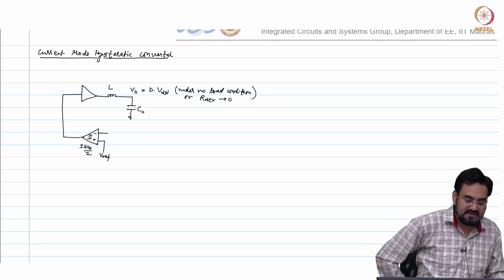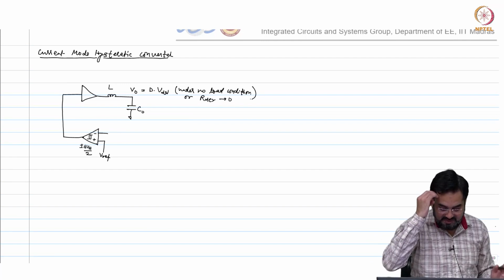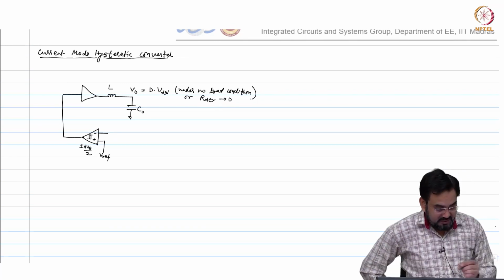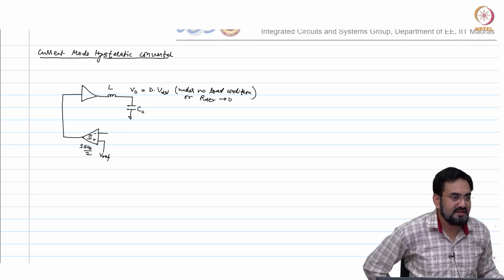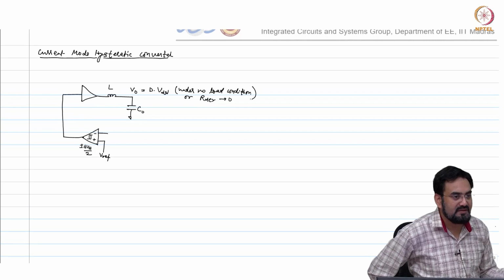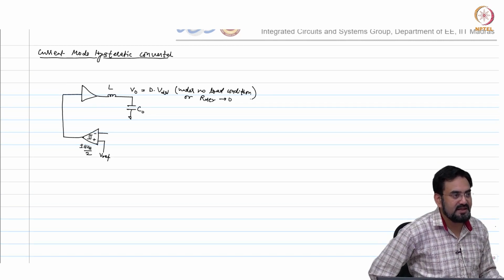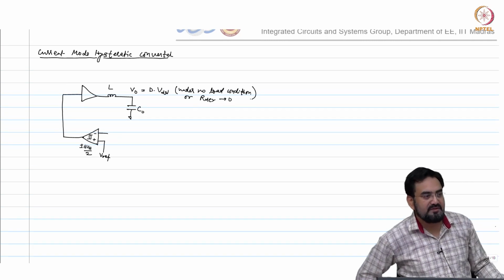So, two conditions: if your inductor RDCR drop will be less, then you can assume this, or your load is 0, so IR drop is 0. So, I know that this inductor is integrating the voltage and converting it into current, because if you write the equation for the inductor current, it will be the integral of 1 over L times VL dt.